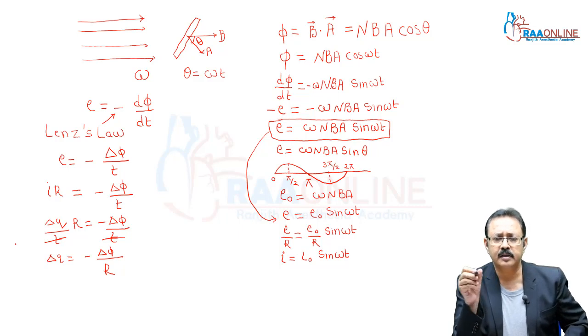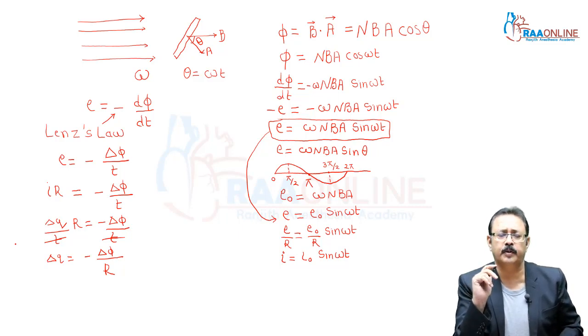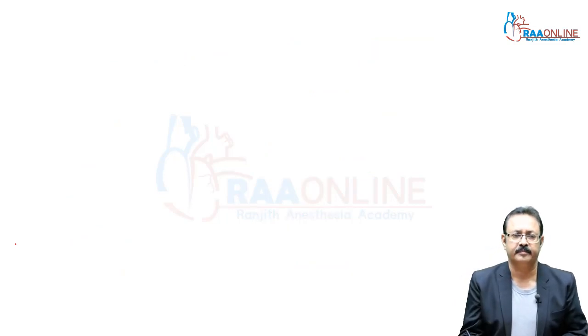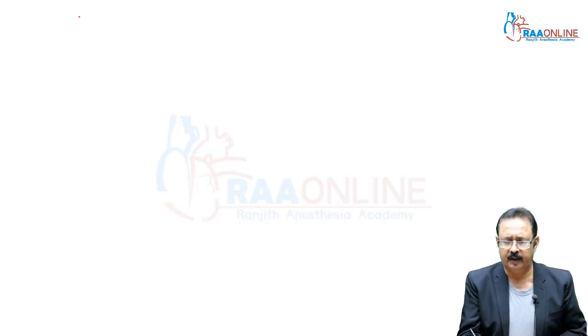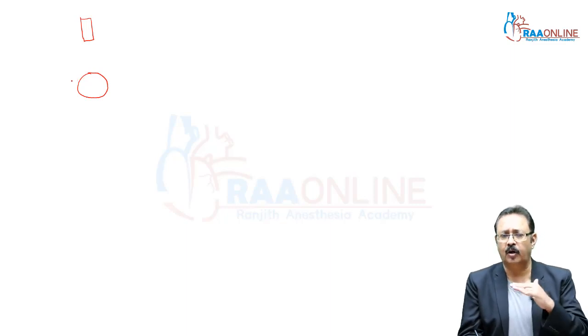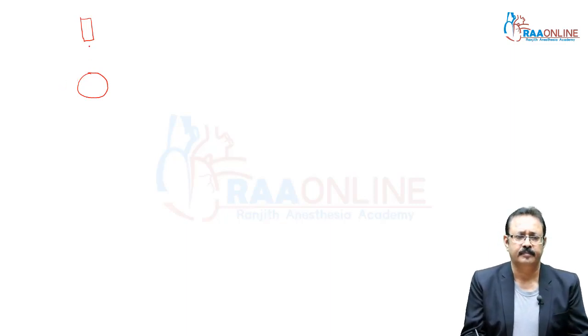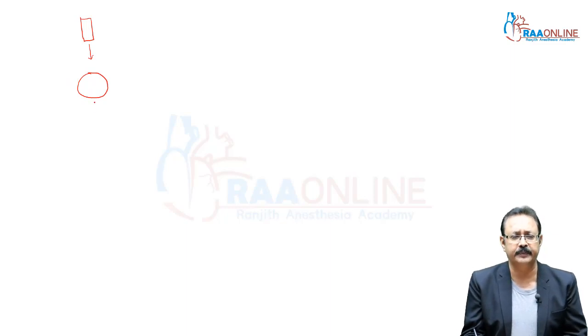Now we will discuss some conceptual problems which they can ask in NEET exam. Suppose I drop a magnet and I hold one ring whose plane is horizontal, and we suppose that it will pass through this hole, this ring.